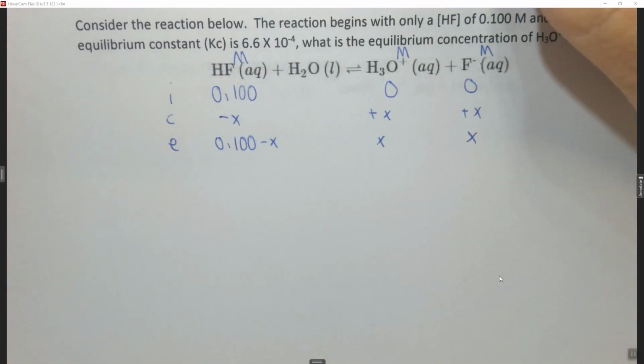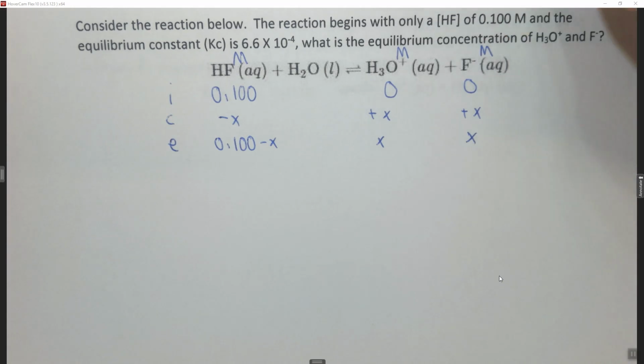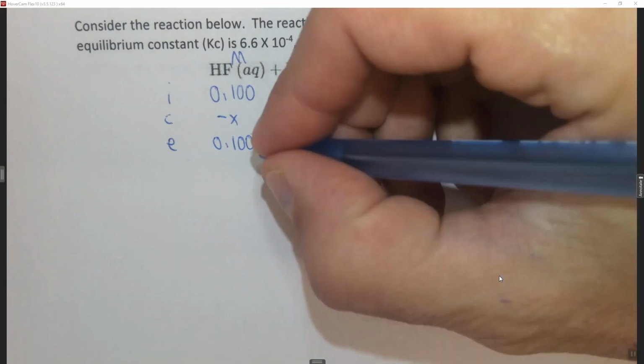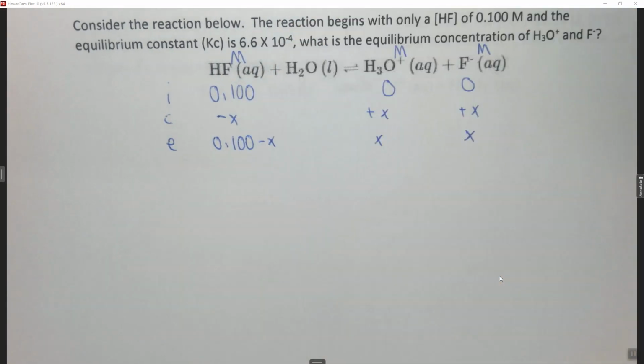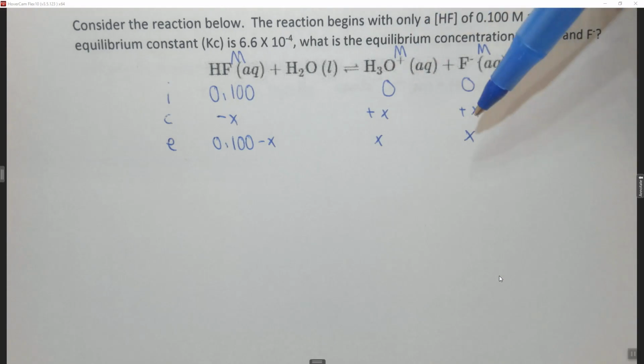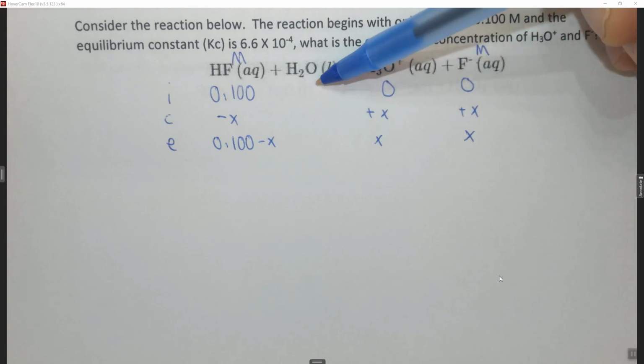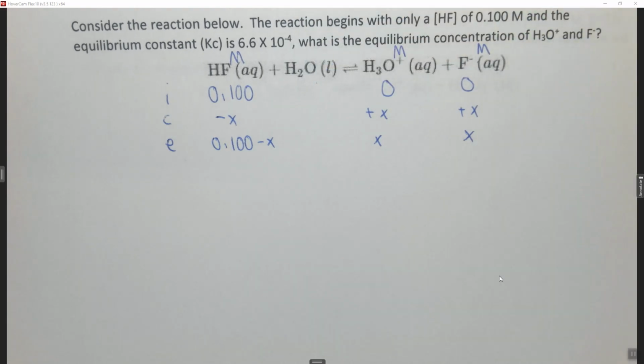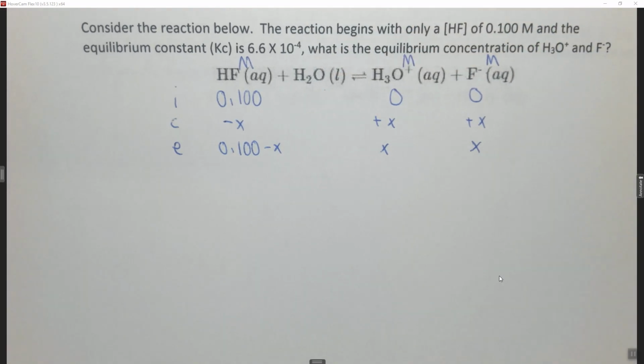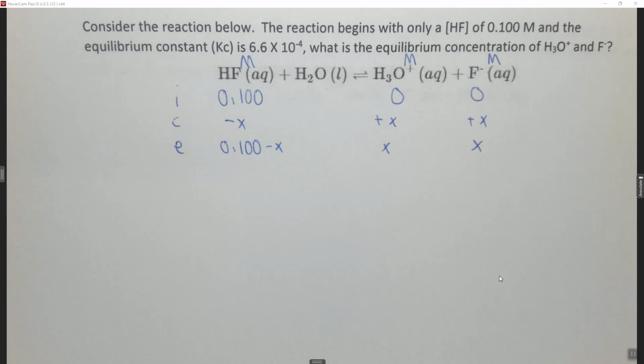Now, in order to avoid using the quadratic equation, we can ignore this x if it's less than about 5% of the initial concentration. This will vary based on different books that you read. Some will say 10%, some will say 1%. It depends.